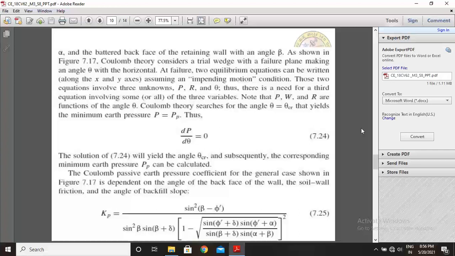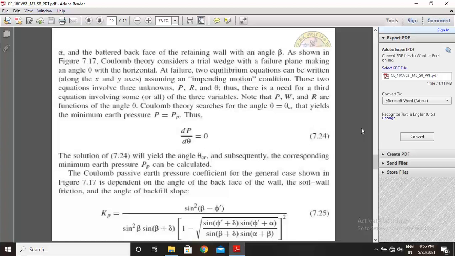Coulomb theory searches for the angle theta equal to theta critical that yields the minimum earth pressure P equal to PP. Thus dP by d theta is equal to 0. This we consider as equation 7.24. The solution of equation 7.24 will yield the angle theta critical, and subsequently the corresponding minimum earth pressure PP, that is the passive earth pressure, can be calculated.